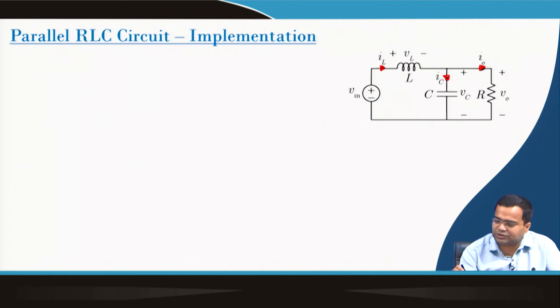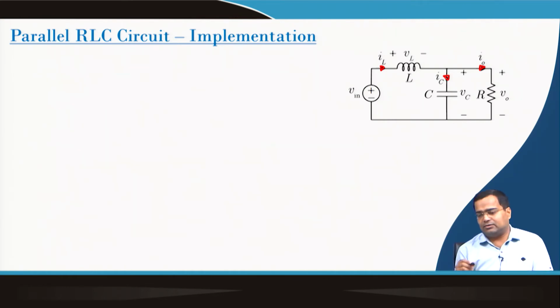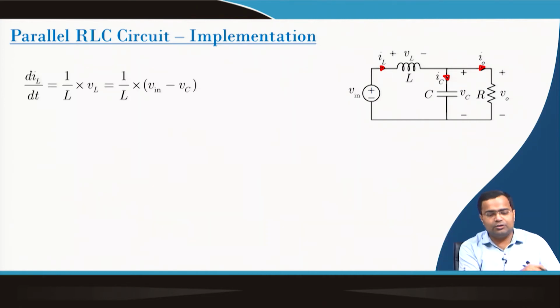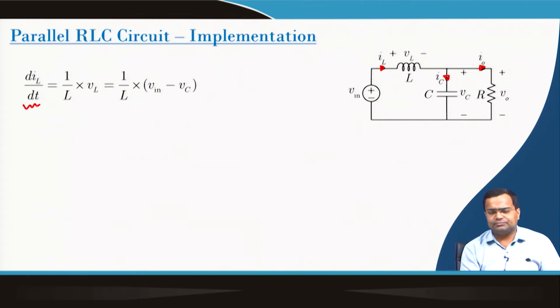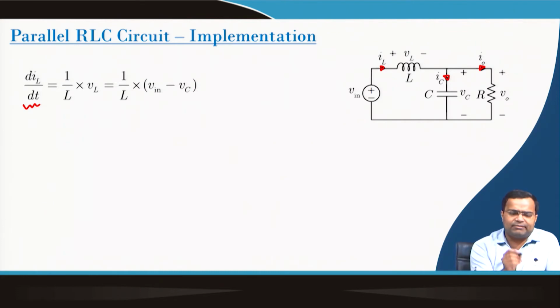We are specifically showing the current IC going into the capacitor through the positive terminal. So, this current direction is used for charging the capacitor; the notation is used for that purpose. We can write the inductor current dynamics dIL/dt, like we already know, as VL/L, and in this case VL, the voltage across the inductor, is the input voltage minus the load voltage.